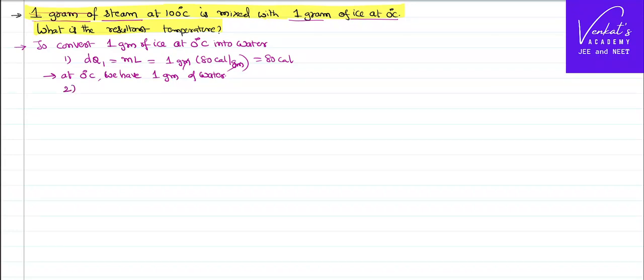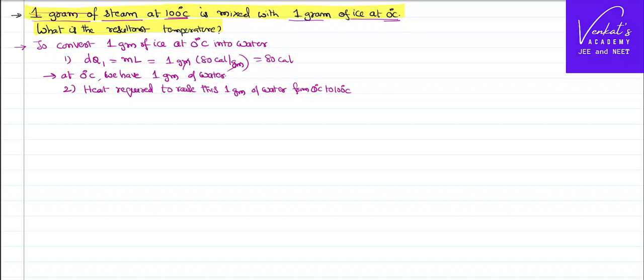So what we need to calculate is the heat required to raise this 1 gram of water from 0 degree centigrade to 100 degrees centigrade, because it is at 0 and it has to become 100. So there the equilibrium comes, nothing beyond will happen.